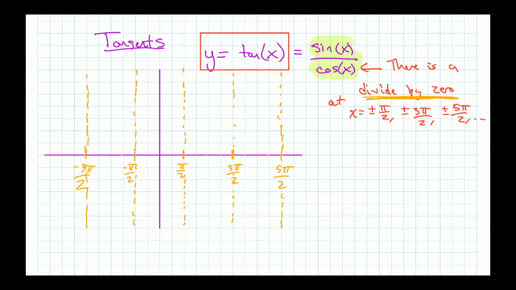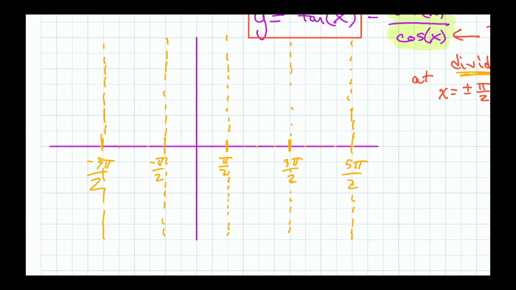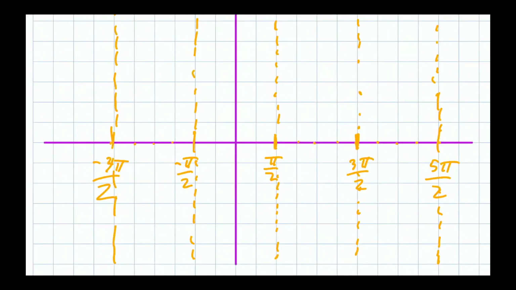Now what happens to the tangent graph is in each of these sections, exactly in the middle of this section, the tangent goes through 0. And then on this side here, halfway in between there, it's up at 1. So I'll call that 1. And on the other side, halfway in here, it's down at negative 1.